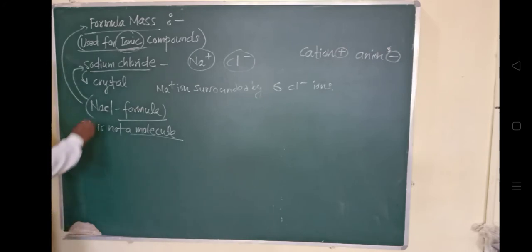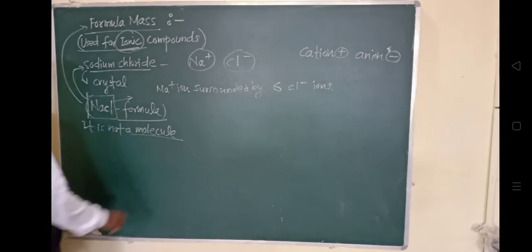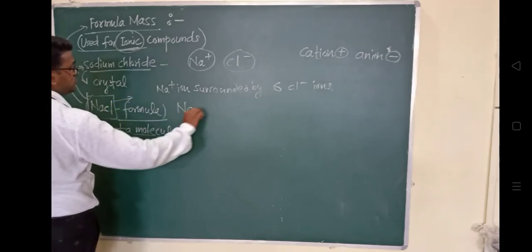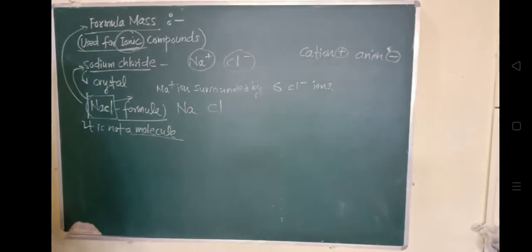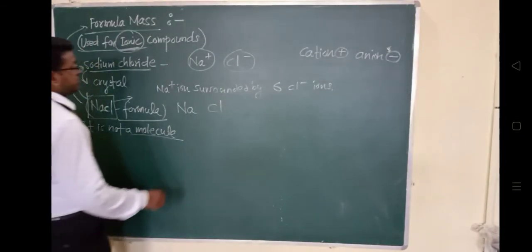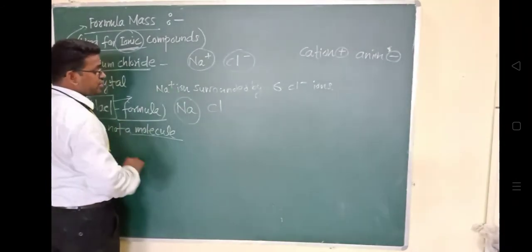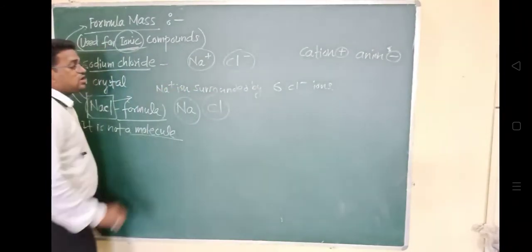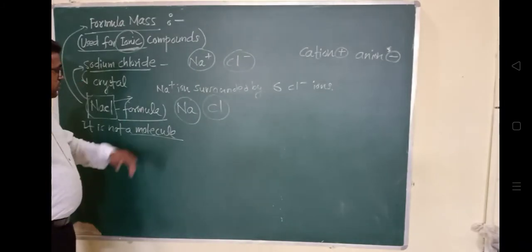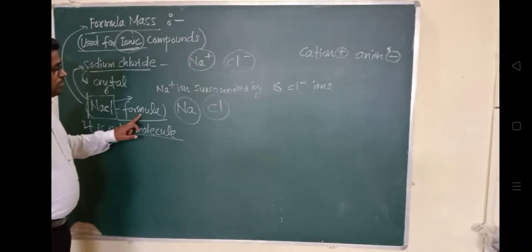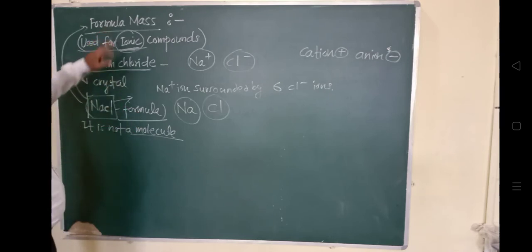Consider the formula NaCl. It consists of a sodium atom and a chlorine atom. We will add the atomic mass of sodium and the atomic mass of chlorine, and in this way we will get the formula mass.